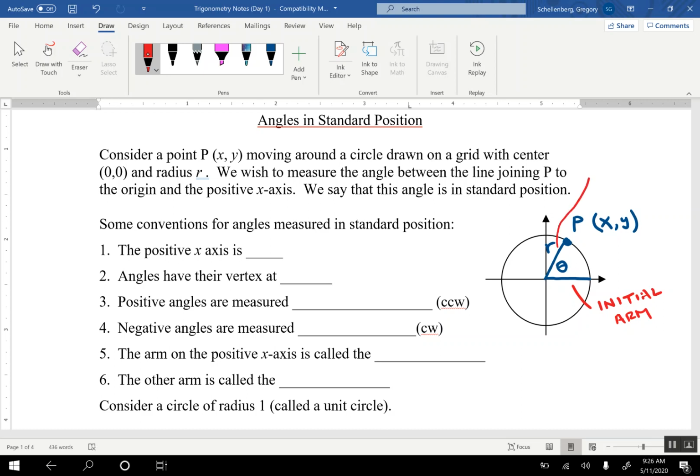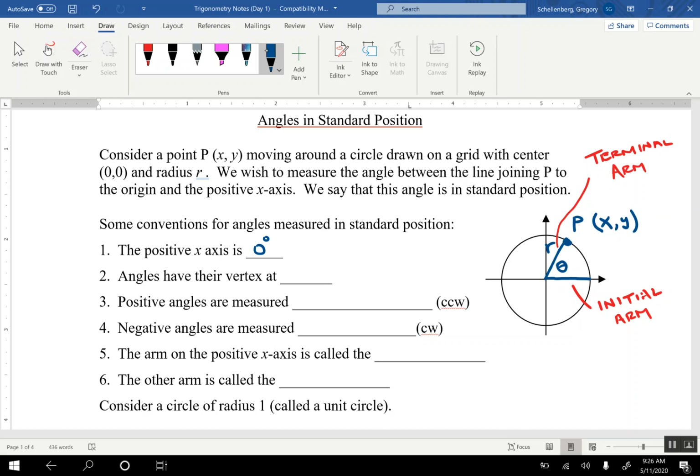So this is what we call the terminal arm. So the initial arm is where the angle initiates, and the terminal arm is where the angle terminates. Okay, so let's fill in some of these things. So the positive portion of the x-axis is that's where we begin. That's our 0 degree mark.